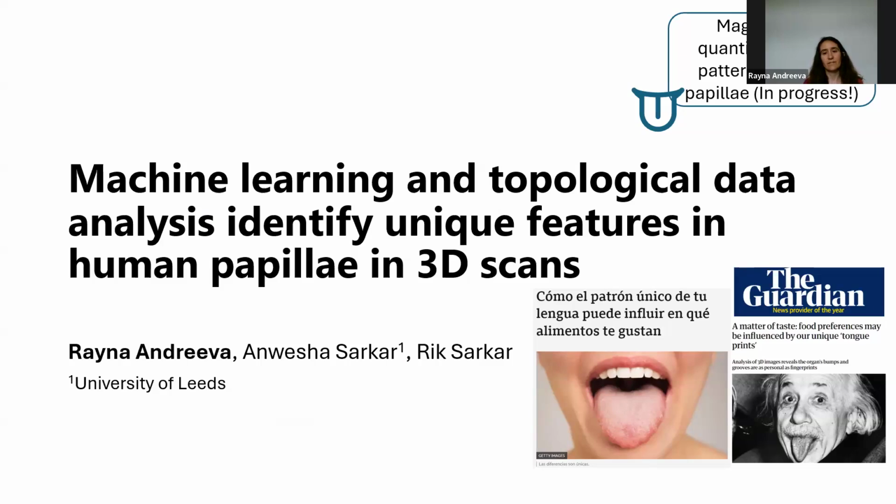And in this work, we're also looking at how we can quantify the spatial distribution of these points on the tongue, on these structures, using magnitude. And we think that magnitude would be a very good candidate for such a summary. Sorry, it is a collaboration with Rayna Andreeva from the University of Leeds.